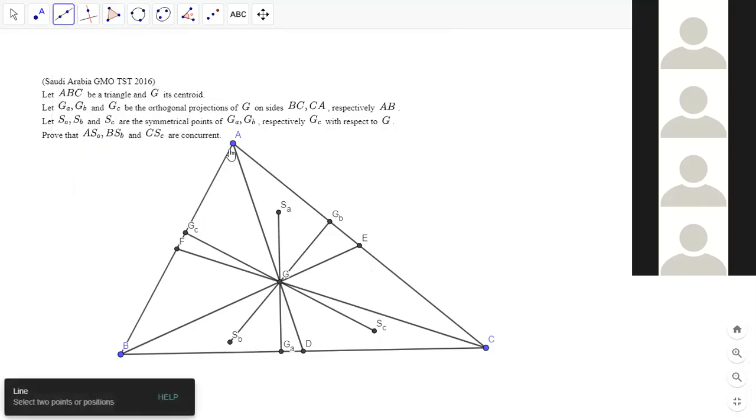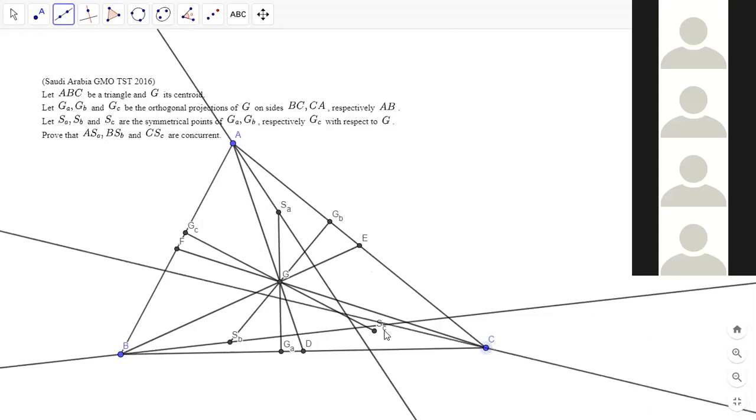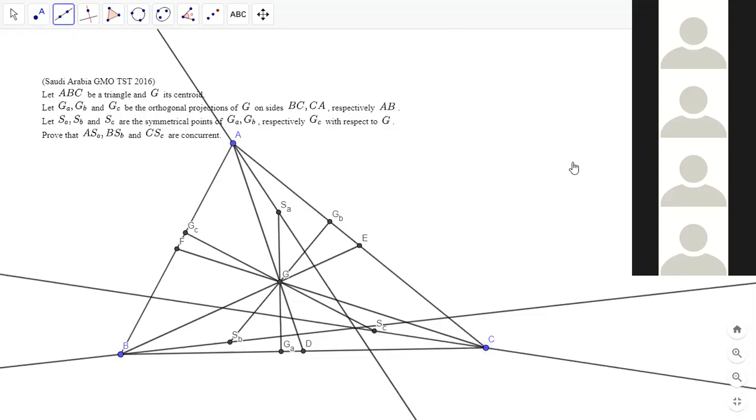Let me just check that it's true. We have ASA, BSB, CSC. Oh, that's a nice configuration.